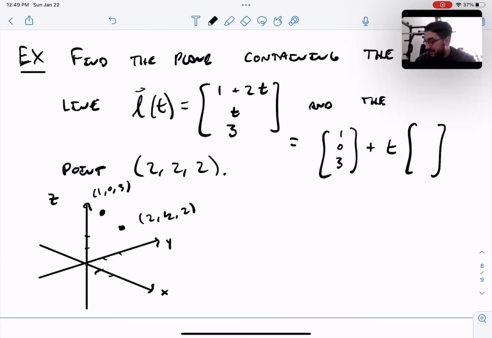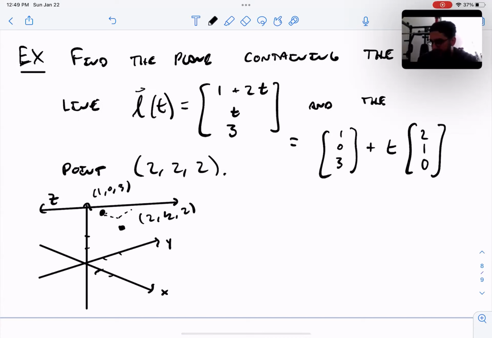So 1, 0, 3 is a starting point, and then 2, 1, 0 is the direction. So 2 in the x, 1 in the y, and then 0 in the z. So our line looks something like this. There's L, right? And then I want the plane that contains that point and that line.